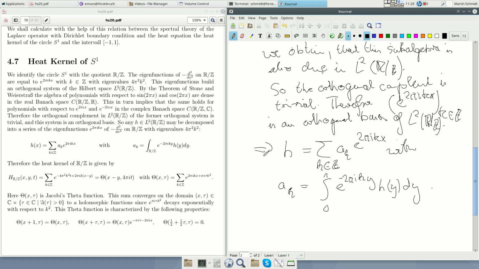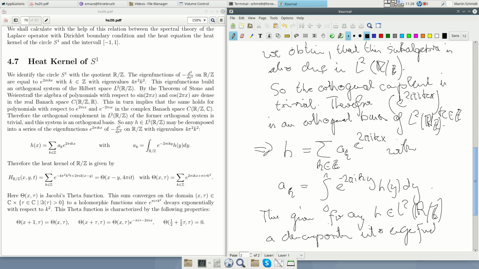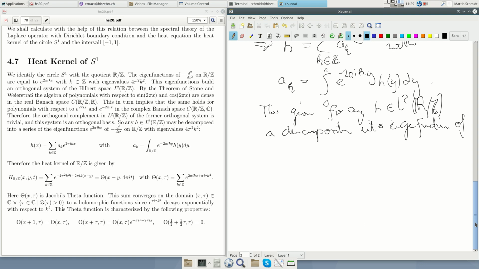So this gives, for any h in L2 of R mod Z, a decomposition into eigenfunctions of minus d by dx squared, the negative of the Laplacian.